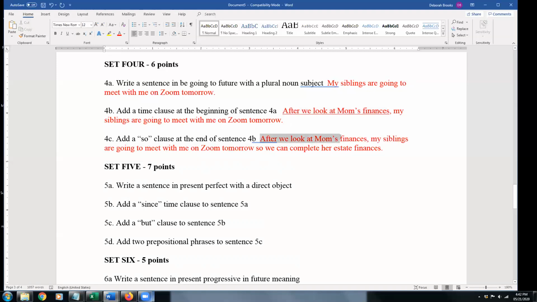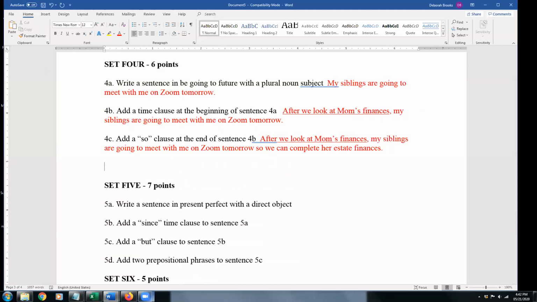After we look at Mom's finances, my siblings are going to meet with me on Zoom tomorrow so we can complete her estate finances. Now, I did not say which so to put, and I did not take any points off if you did the wrong one. There are two so's. The so coordinating conjunction, always a comma, means therefore, or as a result.